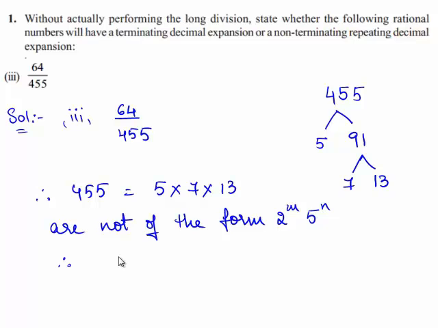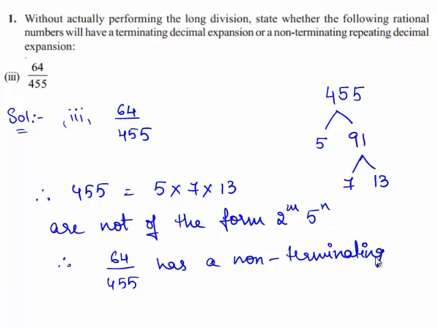Therefore, the given rational number 64 upon 455 has a non-terminating repeating decimal expansion.